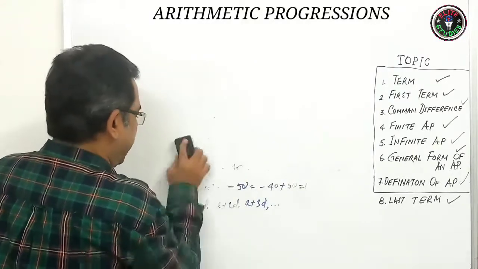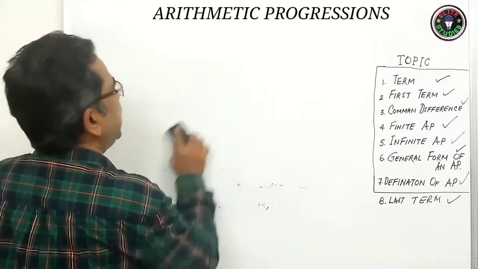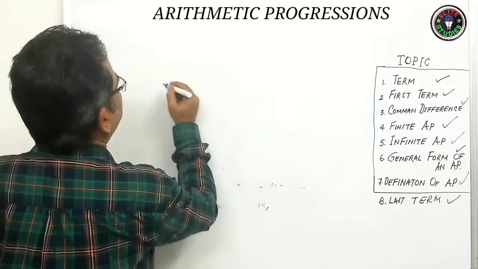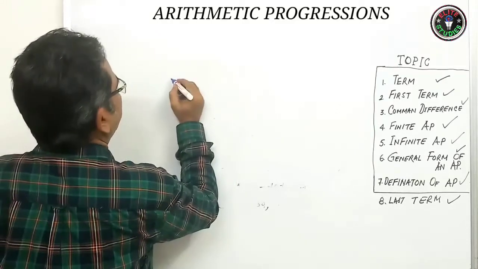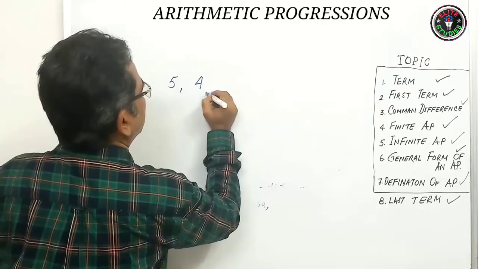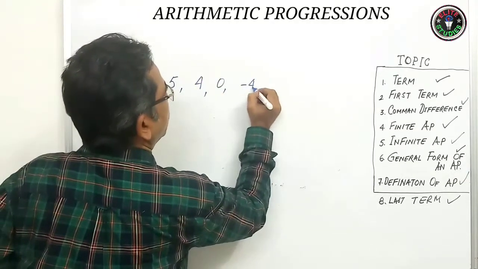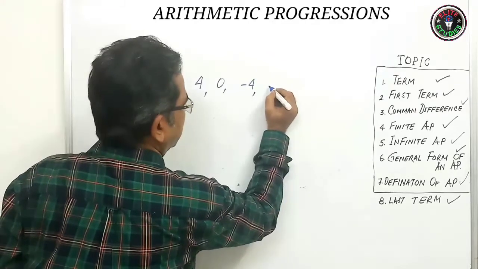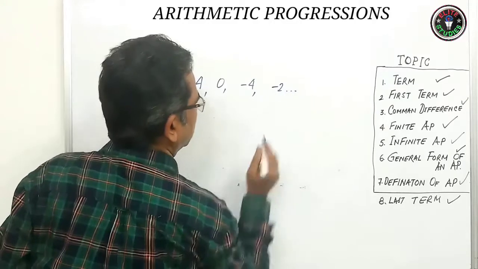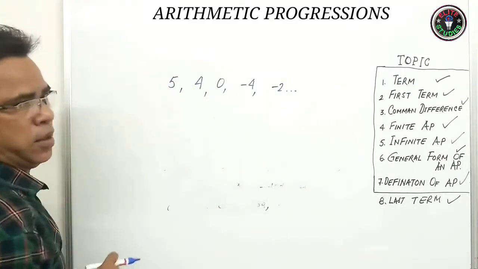But if a list of numbers is given to you, suppose a series like this: 5, 4, 0, minus 4, minus 2, and so on. Now you want to know whether it is in AP or not.